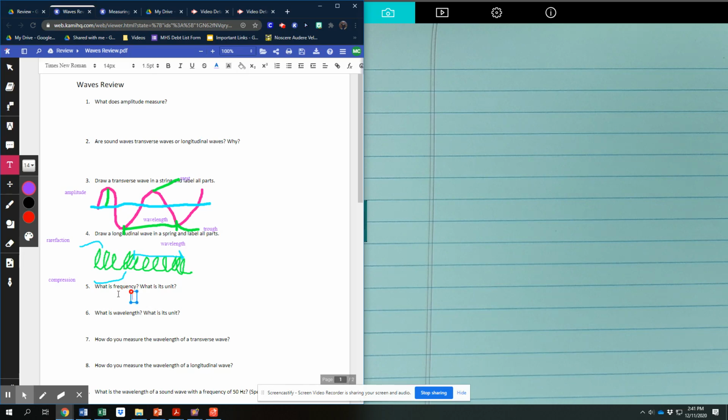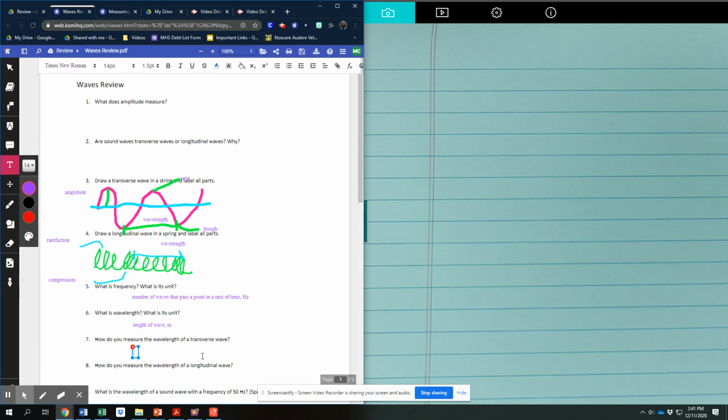Okay, frequency: the number of waves that pass a point in a unit of time. That unit is hertz. Wavelength, the length of a wave, its unit is meter.